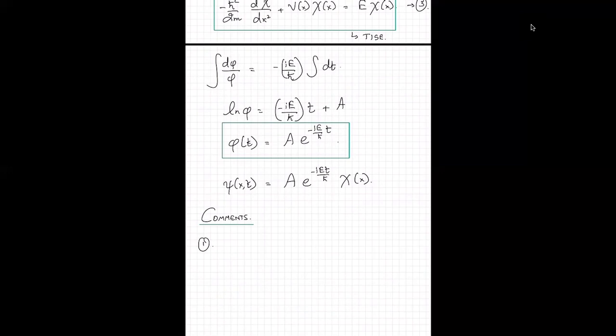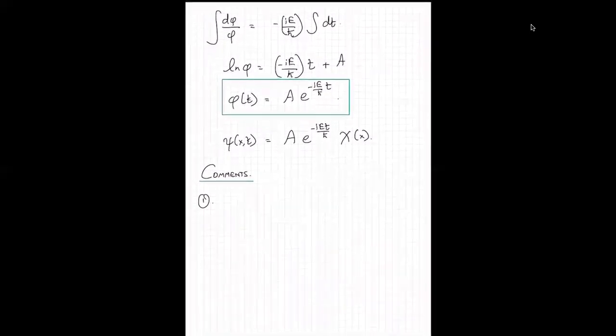How on earth can you always write the solution psi of x,t as some function of x alone times some function of t alone? The answer to this has to do with the fact that the time-dependent Schrodinger equation is a linear equation.